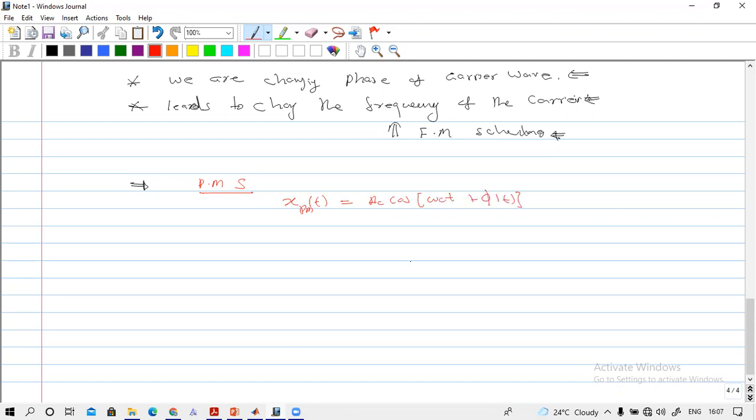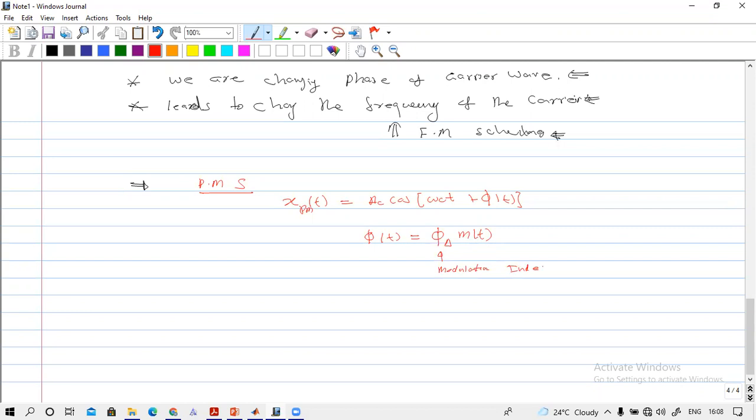You know that this phi is changing according to the modulating signal, our message signal. So let's say the message signal is m(t). We can represent this phi(t) as delta times m(t), and this phi delta we normally refer to as the modulation index.